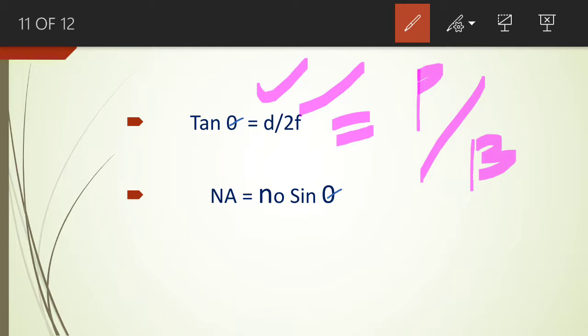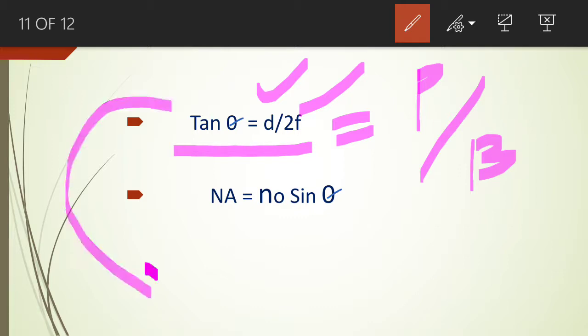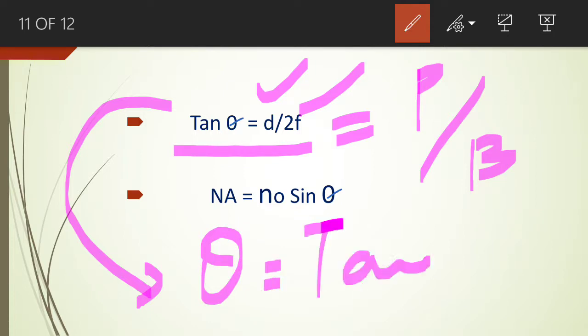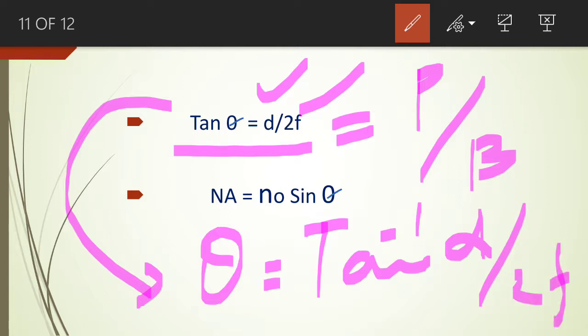So tan theta is equal to d by 2f, and then we can calculate theta. Theta will be equal to tangent inverse of d by 2f.